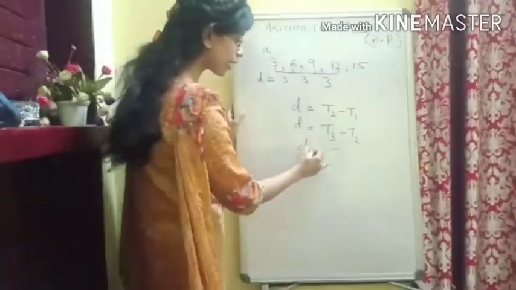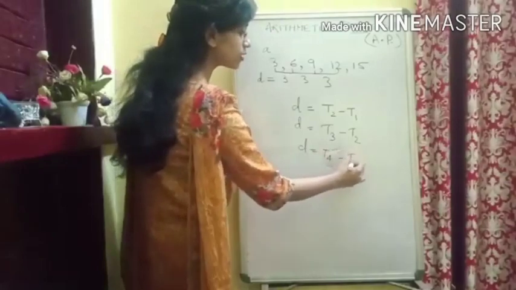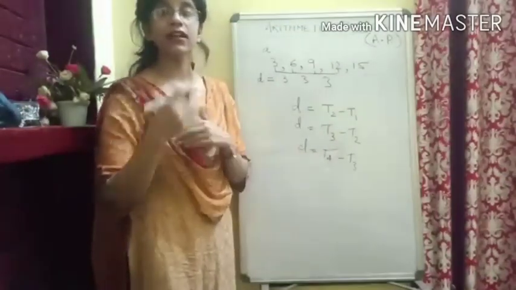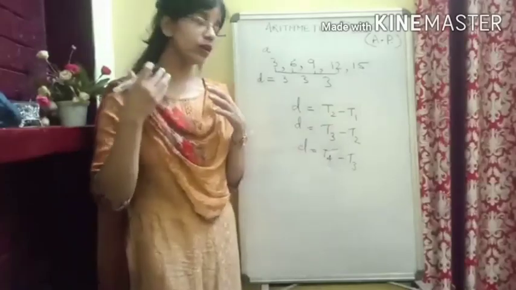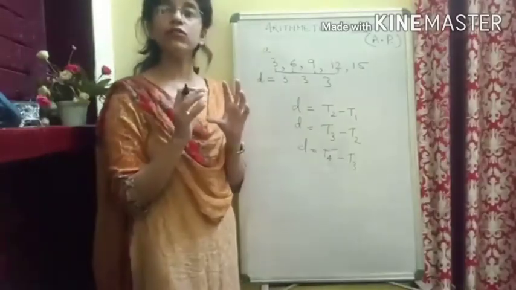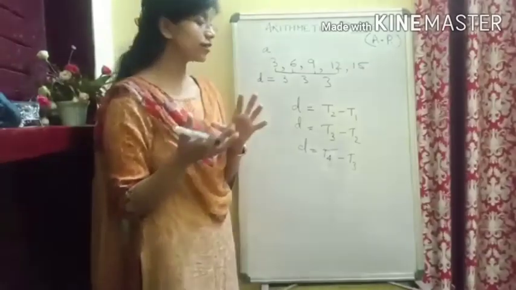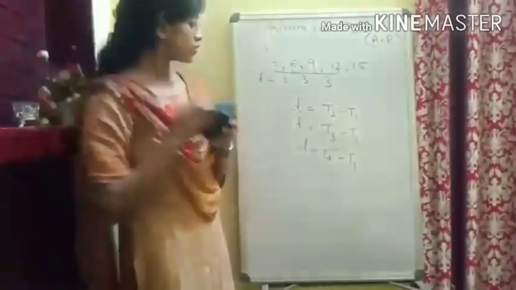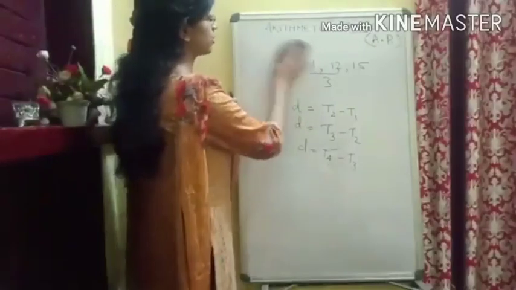You can also calculate T4 minus T3, 12 minus 9, and you will get the same answer. Every time the result is going to be the same, constant or common. That's why it is called common difference. Okay. So this is how we have seen.